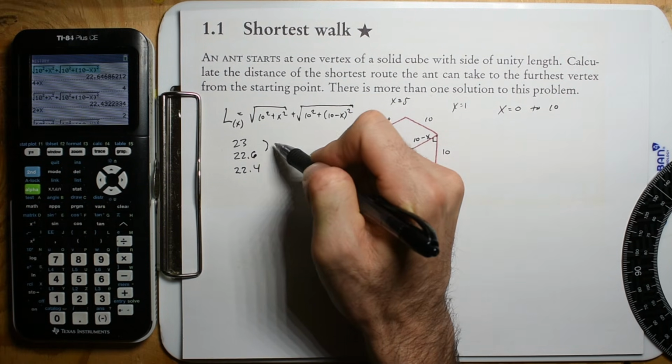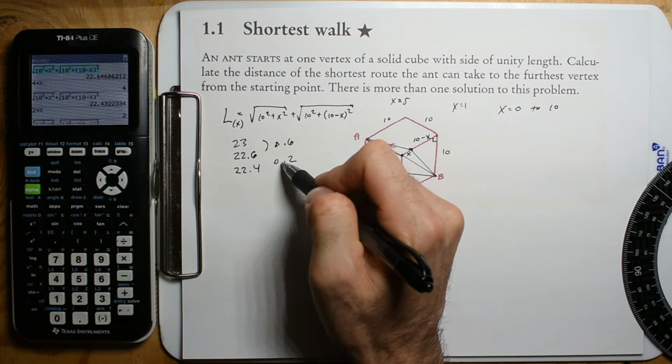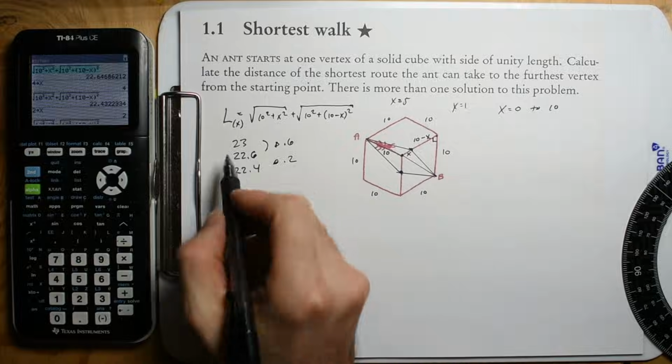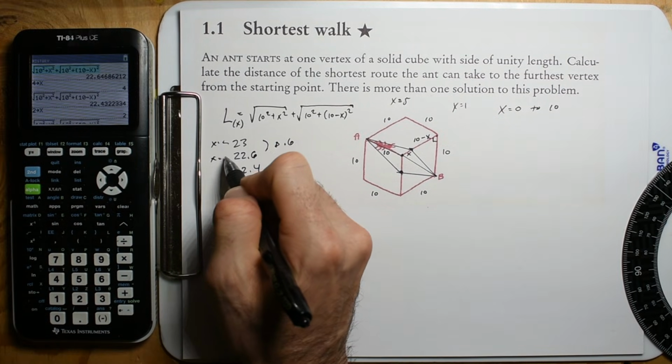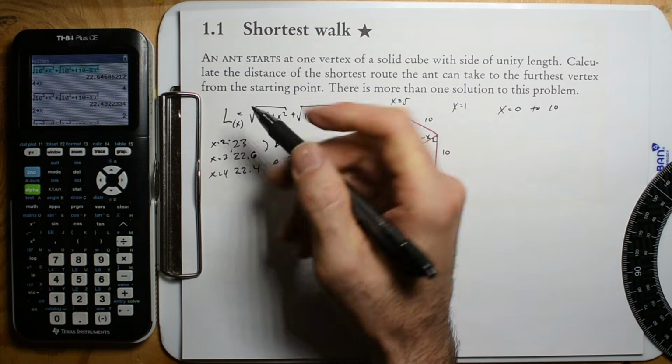So the drop was 0.4, then 0.2. In each of these, x was 2, then 3, then 4. So I changed my x value by 1.